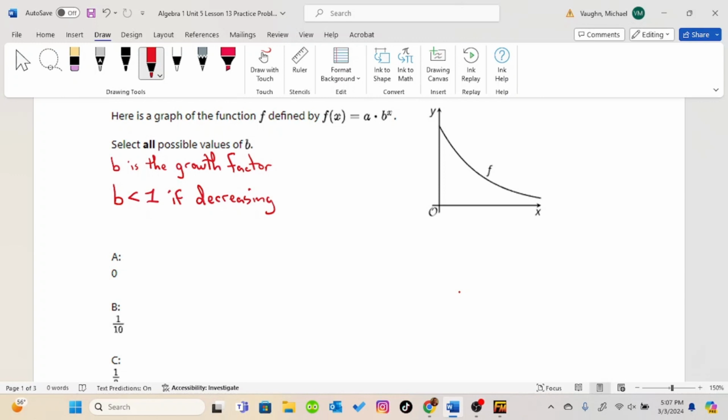So it cannot be A. Choice B is 1/10. 1/10 is less than 1, and it would allow for a decreasing graph. So B would be a possible value.